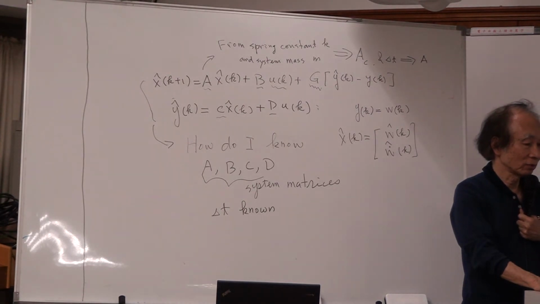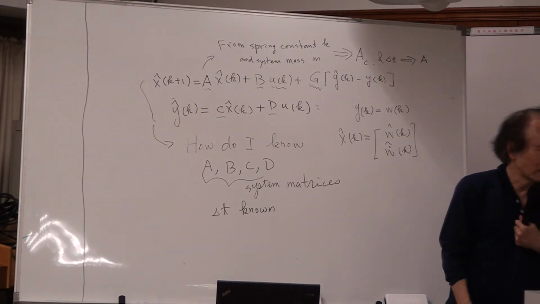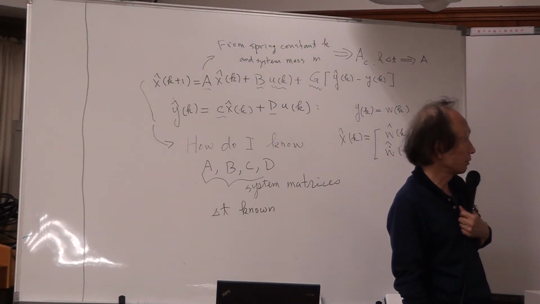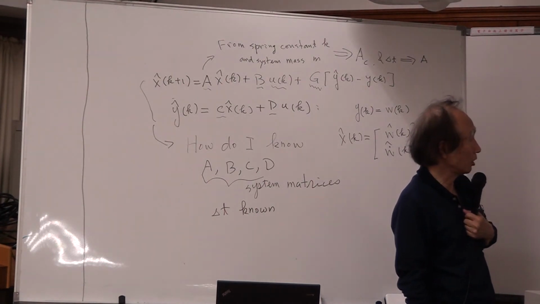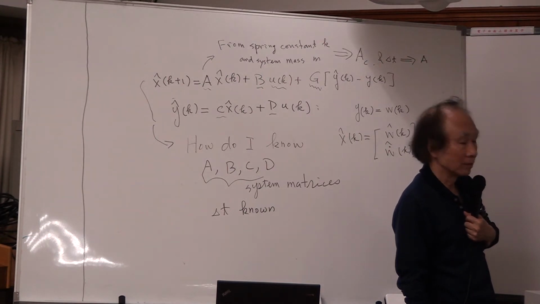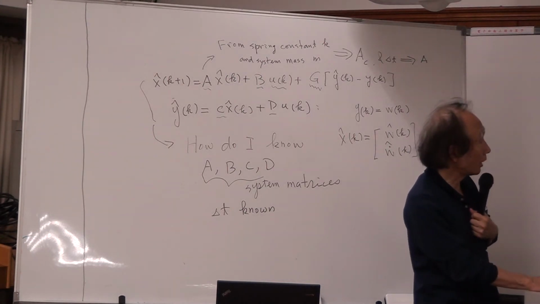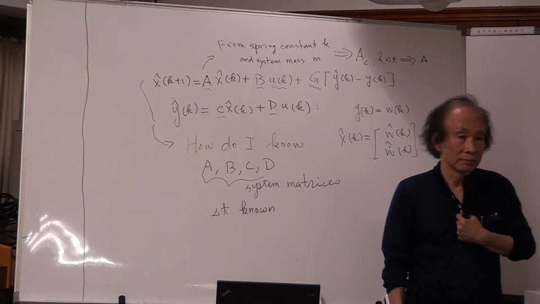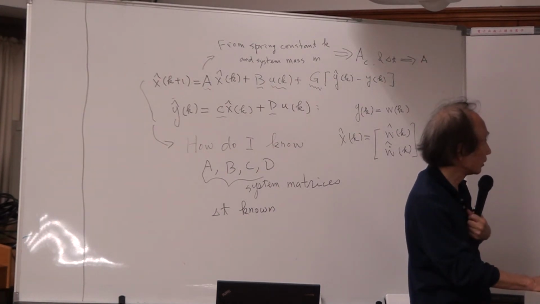Now, this is my solution. Now, y hat equal to cx hat 0 plus du hat, then y hat 0 equal to 1. But my real y is 0. That's my real y. Okay? My y hat, this y hat is cx hat plus du.